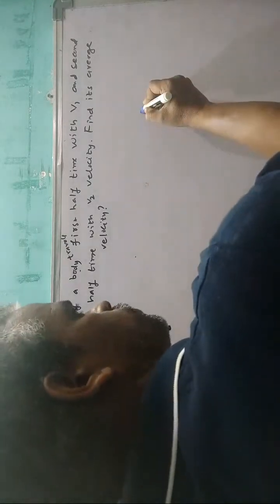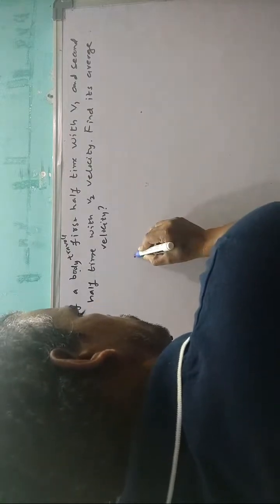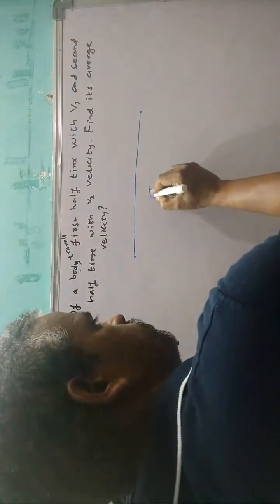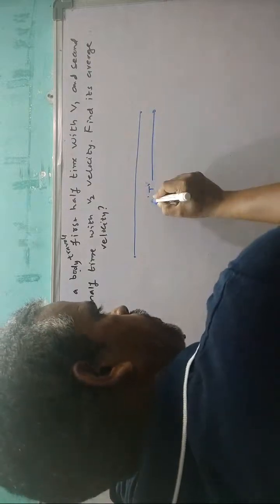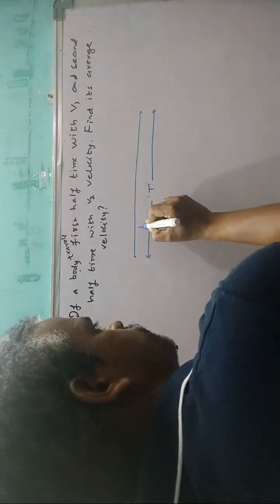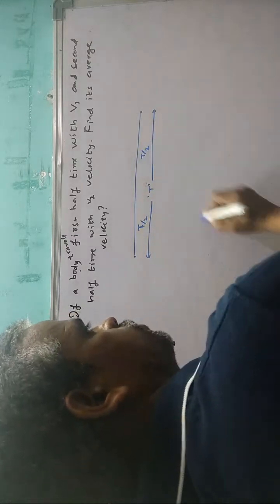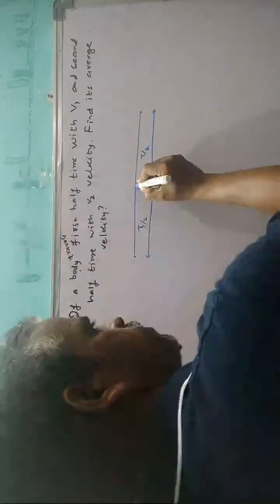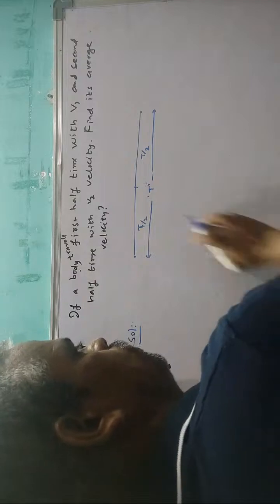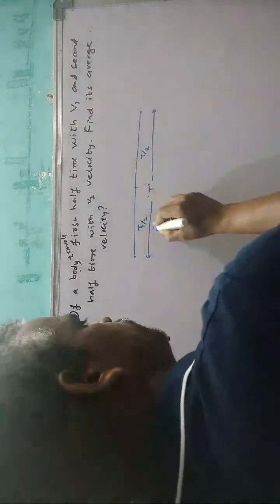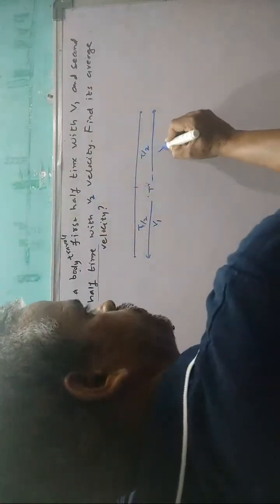The body covers total time t. First half time t by 2, next half time t by 2. So t by 2 time with v1 velocity, next half time with v2 velocity.